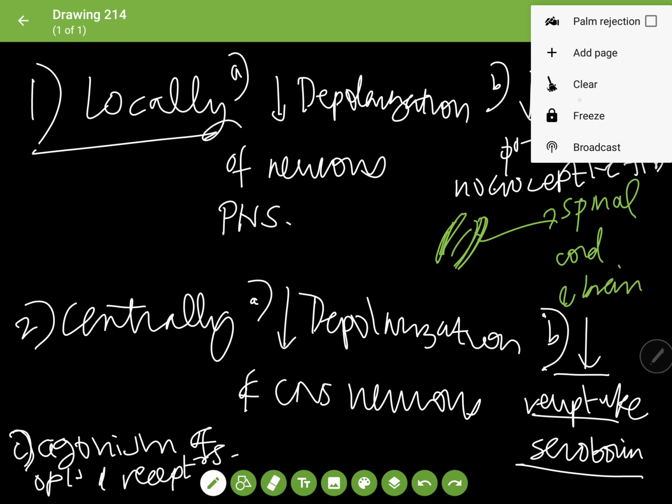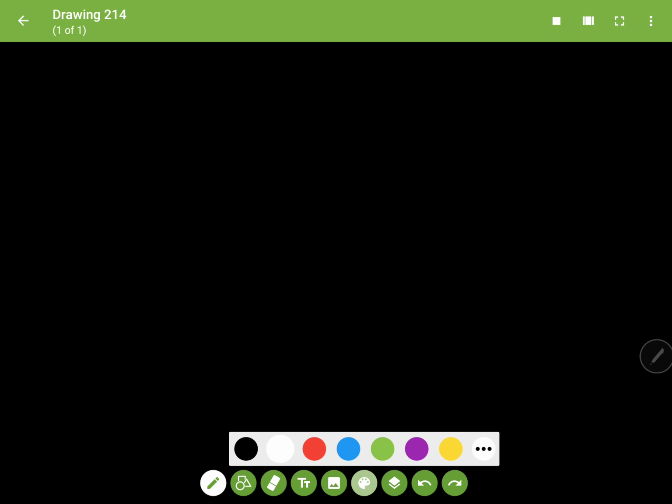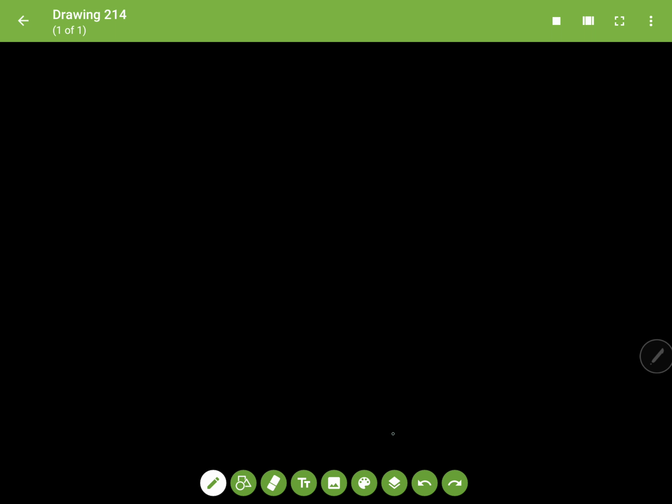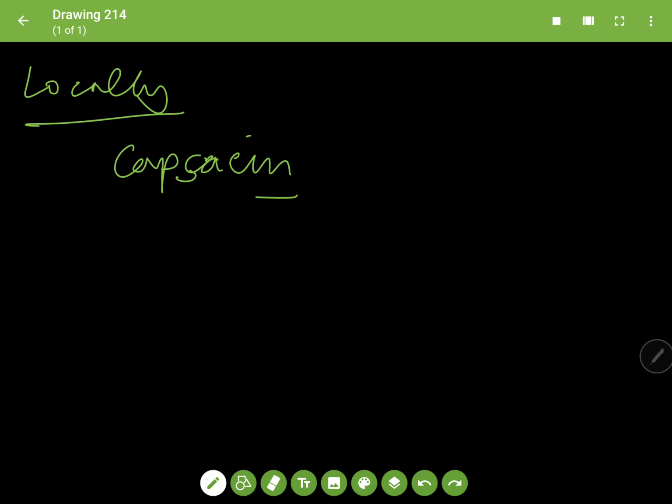So locally, there are two drugs that are commonly used, and that is capsaicin and lidocaine.